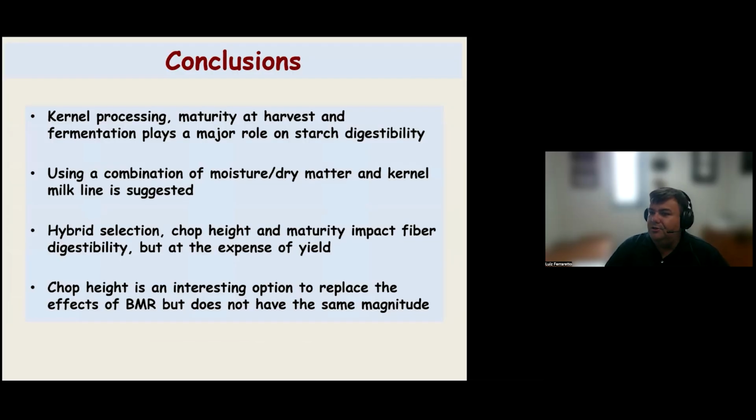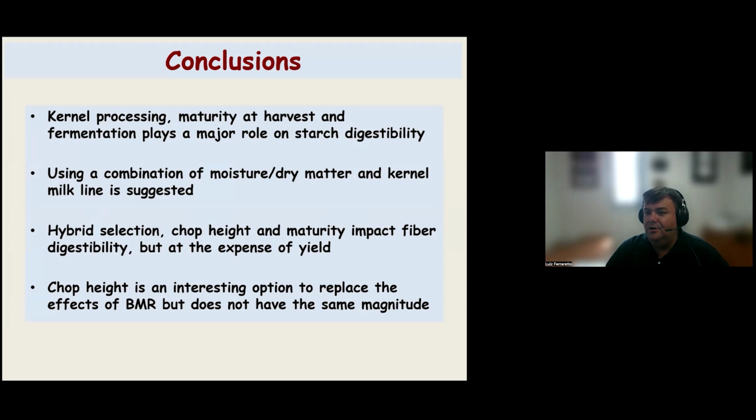So some simple conclusions for our discussion here. Kernel processing, maturity at harvest, and fermentation all play a major role in starch digestibility and consequently the energy availability to the cow. Using a combination of moisture or dry matter, depending on how you work, and kernel milk line is advised because, as you could see, there is a lot of variation between those.